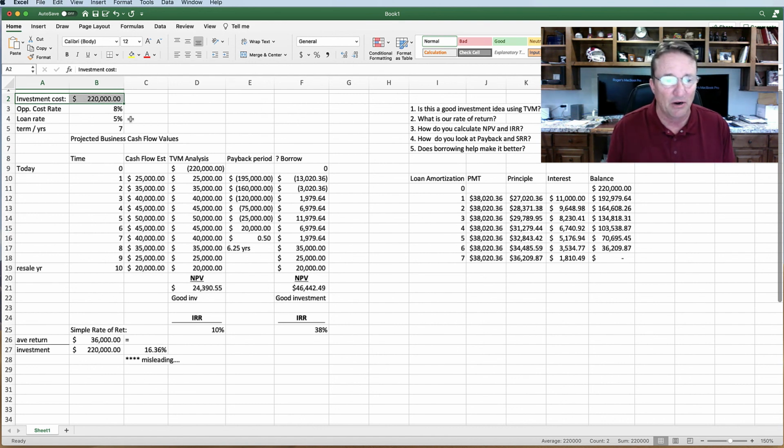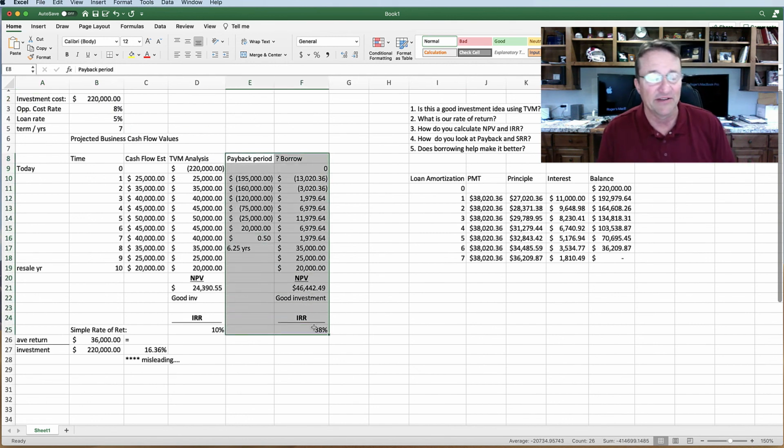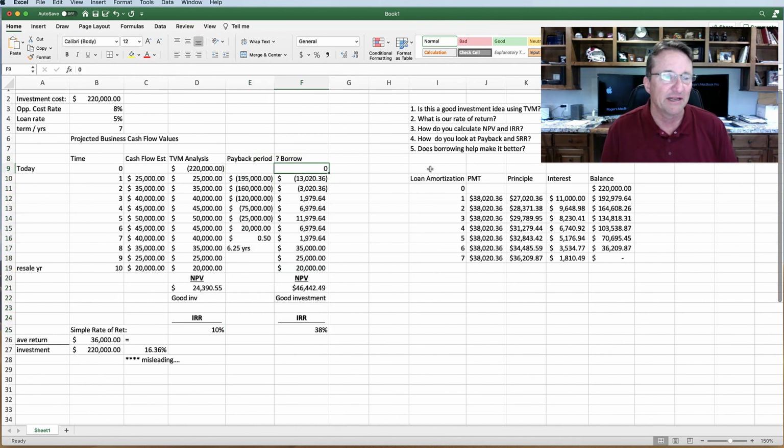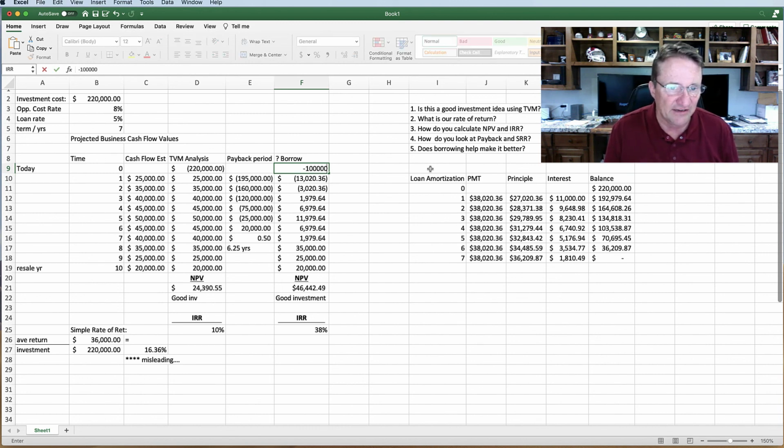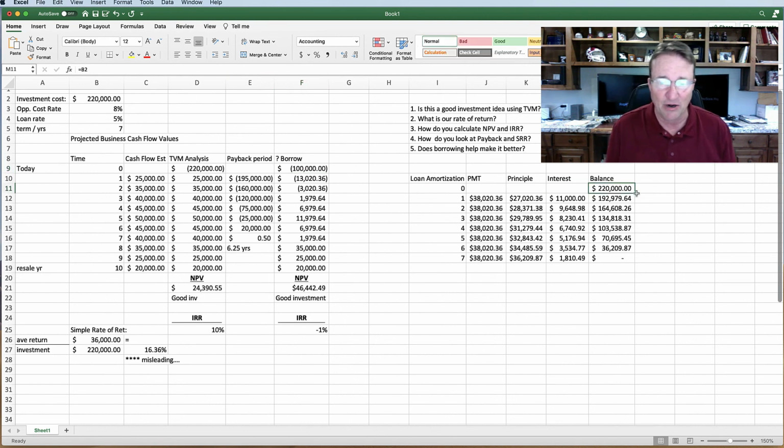Of course, if you borrow, then you're going to end up being able to get even better. Of course, when you borrow, being able to put money down up front is probably going to be essential. So if I borrowed, I'm going to put in a negative 100,000 here because I'm going to probably have to put some money down. If that's the case, I'm not borrowing 220 anymore. You can see it's already adjusted.